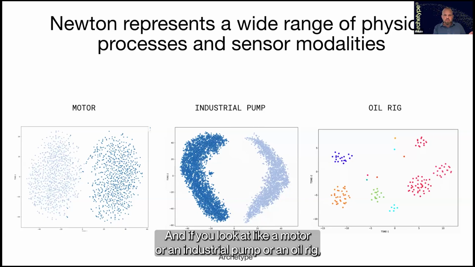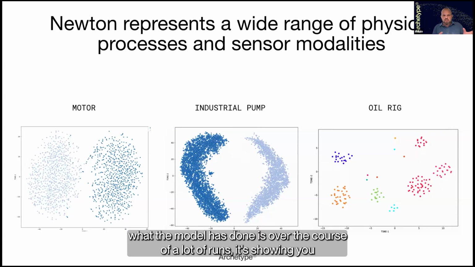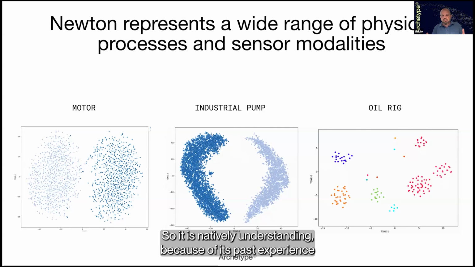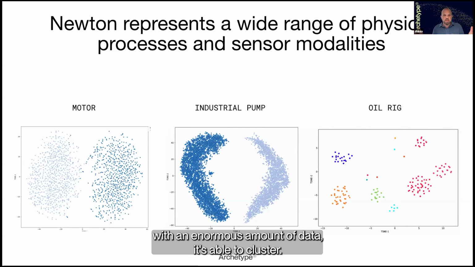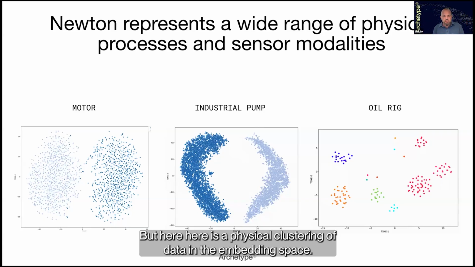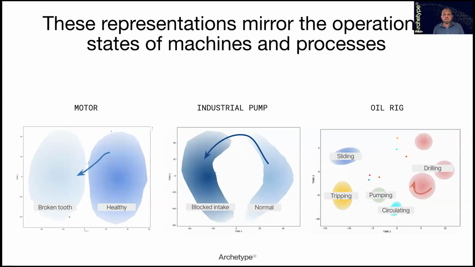And if you look at a motor or an industrial pump or an oil rig, what the model has done is over the course of a lot of runs, it's showing you that the data naturally clusters in this embedding space on its own. So it is natively understanding, because of its past experience with an enormous amount of data. It's able to cluster. There are these natural clustering phenomena that happen. But here is a physical clustering of data in the embedding space.